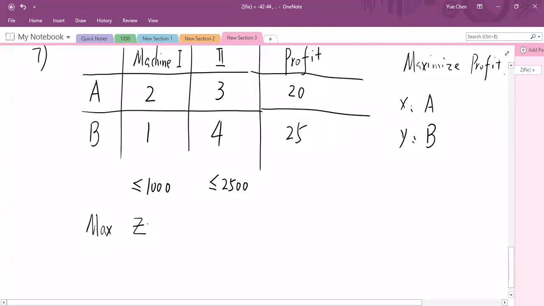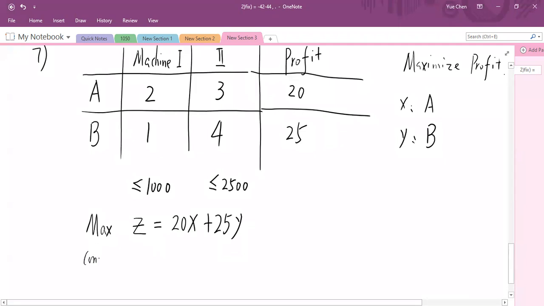We want to maximize the total profit. The total profit would be what? 20x plus 25y. Right, this is the total profit. We want to maximize this total profit.